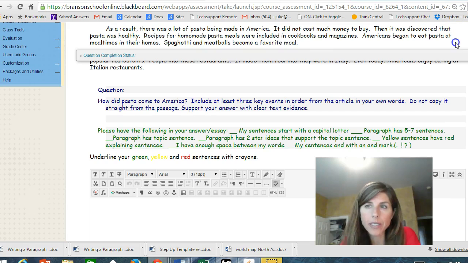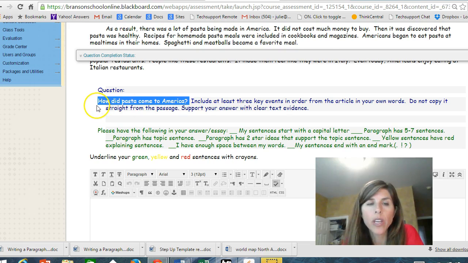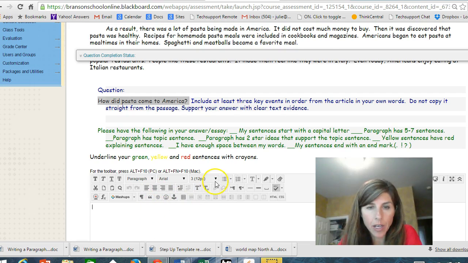So remember, your topic sentence needs to restate the prompt in a different way, or in a telling sentence. So this prompt is in a question, how did pasta come to America? Okay, and you want to rewrite that. So another way. One way you can write a topic sentence is writing a question. You don't want to always do it that way, but that is one way.